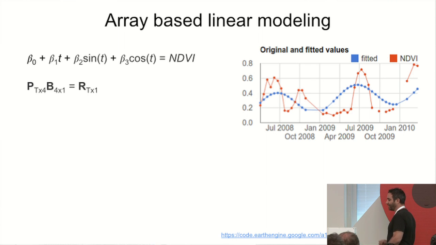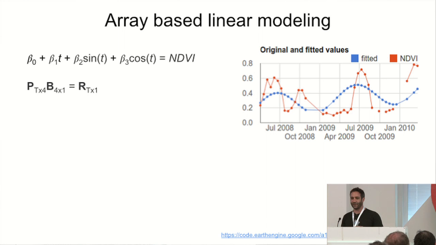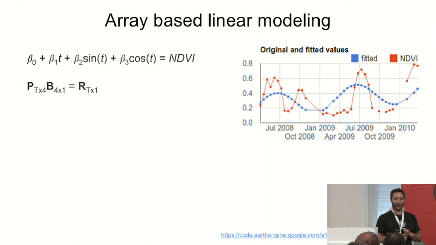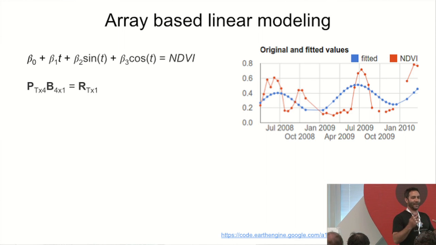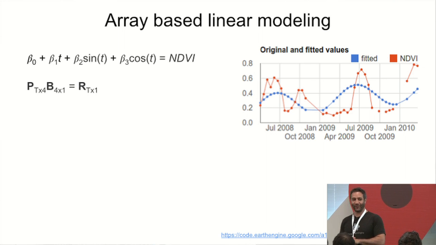Let's say that we have a time series of, in this case, let's call it NDVI. Maybe this is tasseled cap greenness, or maybe this is the unmixed green proportion in each pixel.